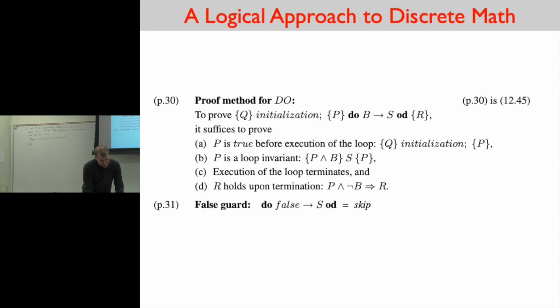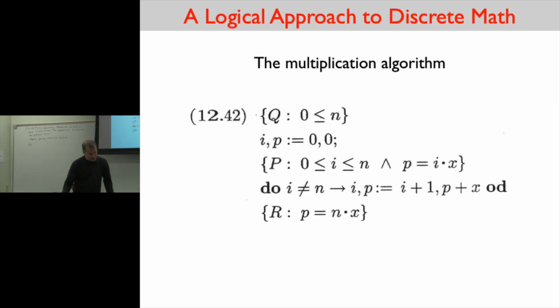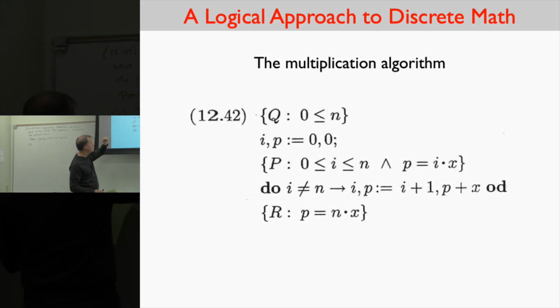Okay, so what was checklist A? It's Q, we have to prove the Hoare triple Q initialization P, right? Are you with me? So what's the Hoare triple that we have to prove? It's this one, and then this is the initialization, and then this, right? So how do you prove that Hoare triple?